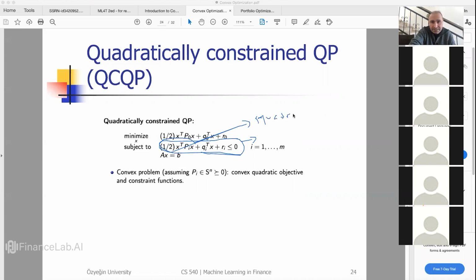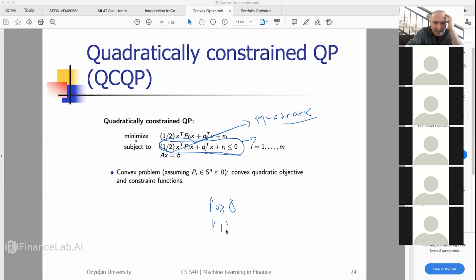However, for this to be a convex problem, the objective has to be convex. In order for the objective to be convex, the P0 matrix here should be positive semi-definite. And again, in order for this quadratically constrained quadratic problem to be convex, we need the P_i in the inequality constraints to be positive semi-definite as well.